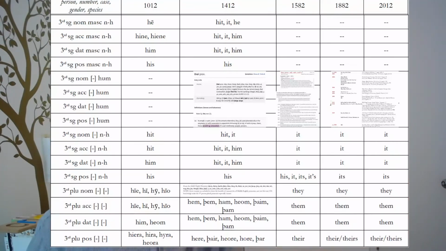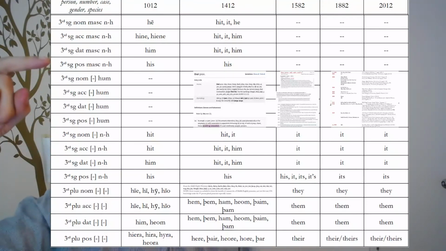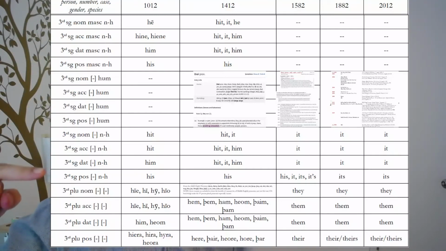We only get the development of its, sometimes indeed with the apostrophe, in the 1500s. So when Chaucer says "When that April with his showers sote," he may be considering April a gendered masculine noun. He may be personifying April as a man, or he may simply be using the possessive form of it, which is his. Or it could be anywhere between those. The point is the language and pronouns that Chaucer had to work with are significantly more fluid in meaning than what we have now.